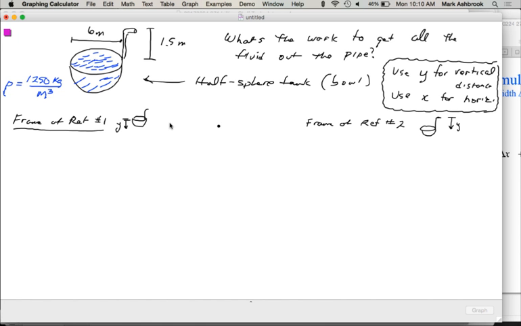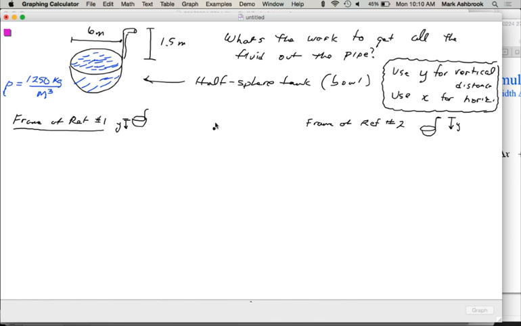So in this first one, y is the distance down from the top, okay? And we're going to find a little bit of work on what? Again, if you just find the volume of half of a sphere and say that's how much liquid we have, you're missing the point. So how are we going to do this?